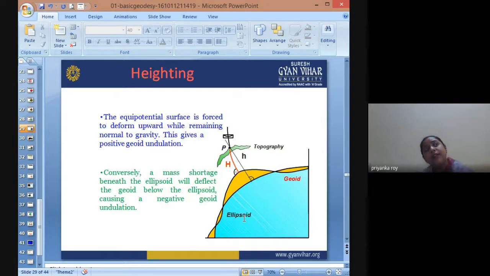Similarly, when we have a physical feature on the earth, as it moves further away from the geoid surface, it will have a little deviation from the actual gravitational pull. So it will start curving towards the other end.